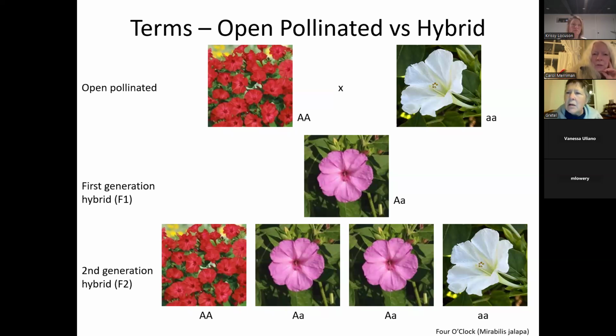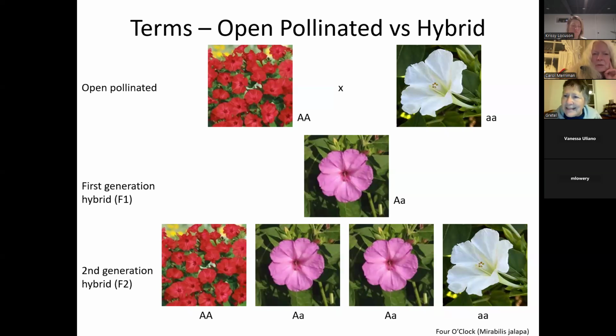You know what that Cockapoo is going to be like, more or less, in terms of size and appearance and temperament and all of that stuff. But if you breed a Cockapoo with anything, what you have is a mutt. You have broken the inbreeding and you don't know what you're going to get.